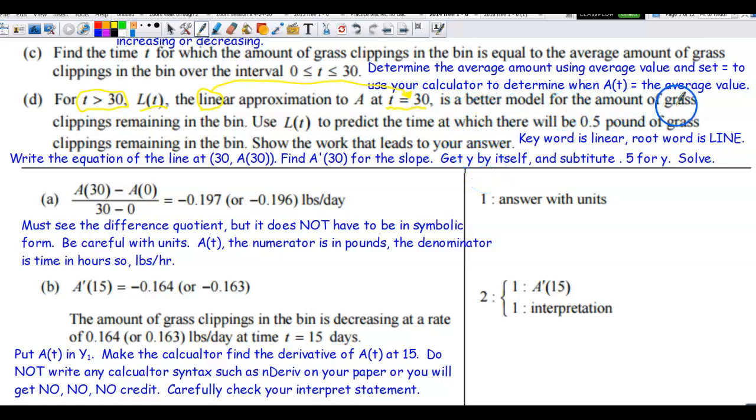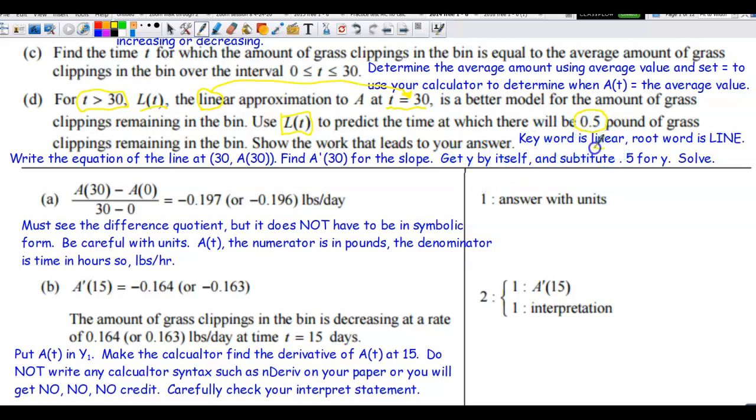It's a better model for the amount of grass clippings after 30 days. Use the equation of the line that you write to predict the time when there will be 0.5 pounds of grass. That's a y value. Show the work that leads to your answer.